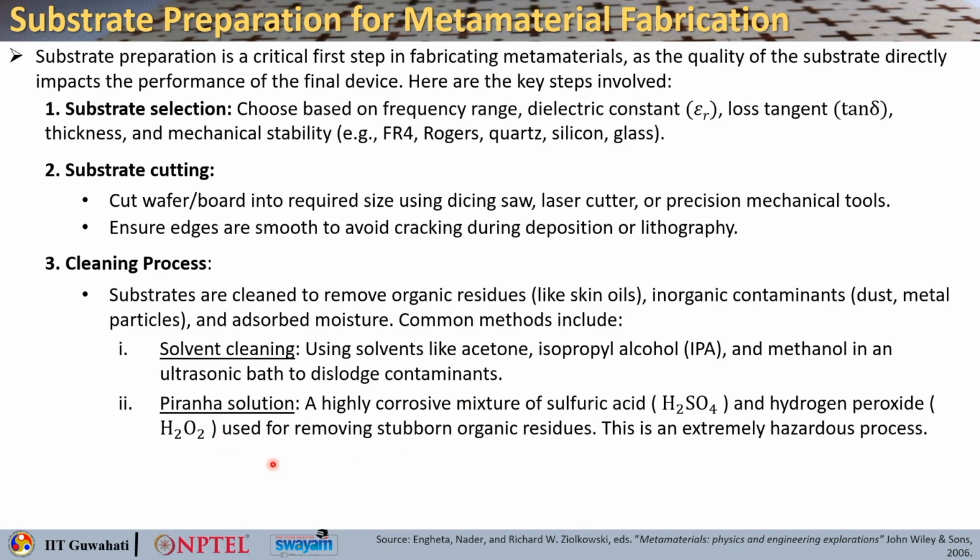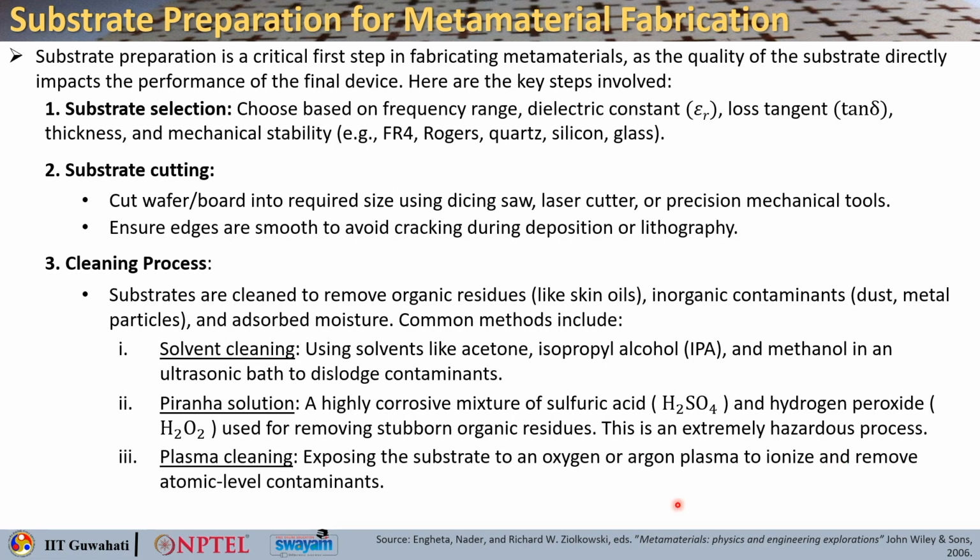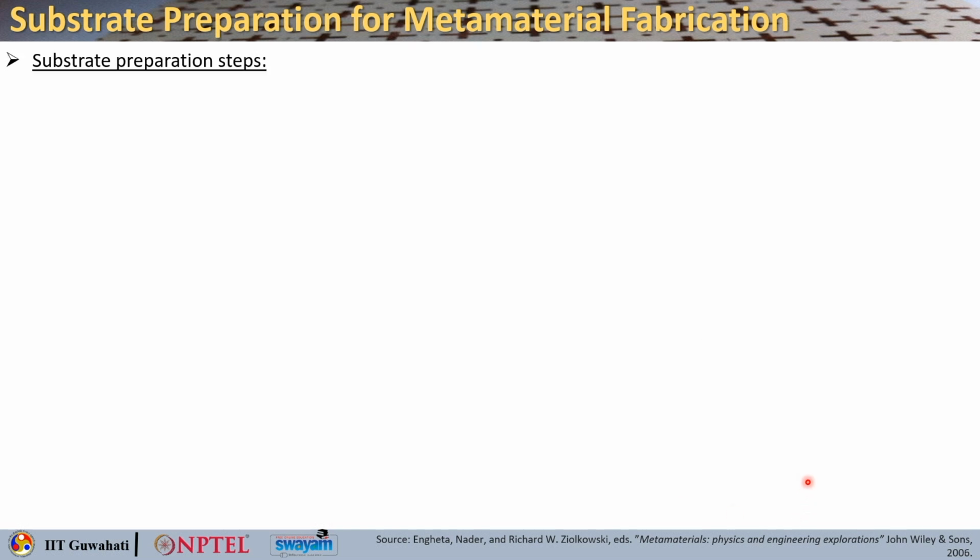You can also go for piranha solution, a highly corrosive mixture of sulfuric acid and hydrogen peroxide that can be used for removing stubborn organic residue, and this is an extremely hazardous process. You can also think of plasma cleaning by exposing the substrate to an oxygen or argon plasma to ionize and remove atomic level contaminants.